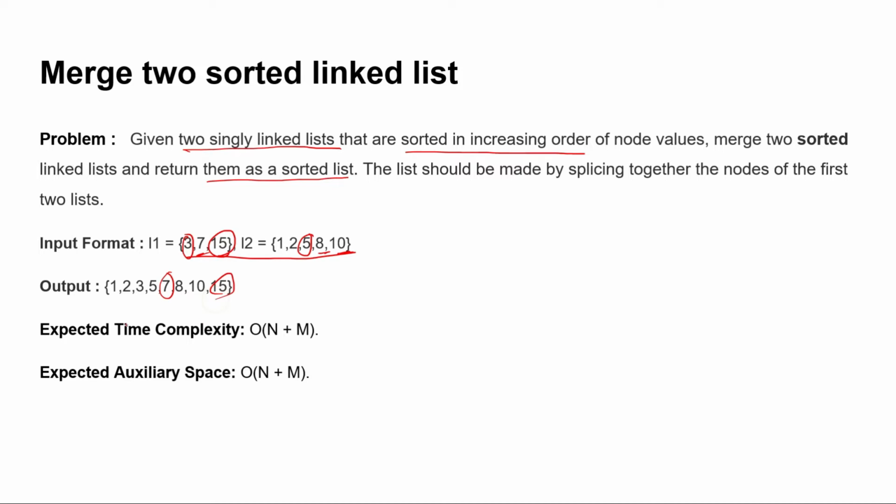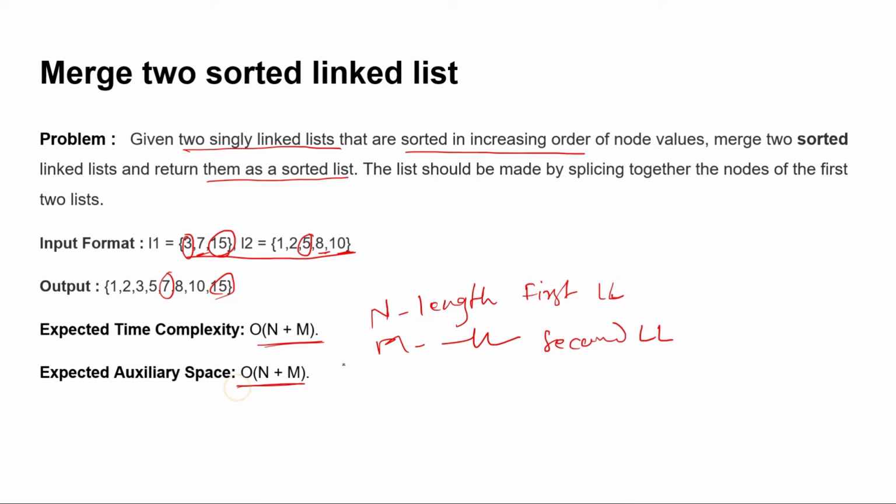The expected time complexity is O(n + m), where n is the length of the first linked list and m is the length of the second linked list. Space complexity is also the same, O(n + m).